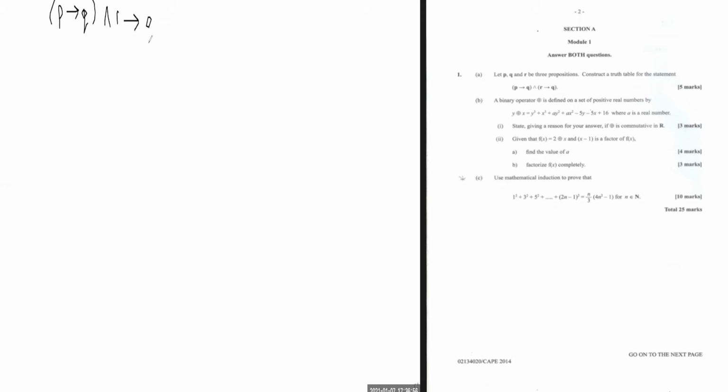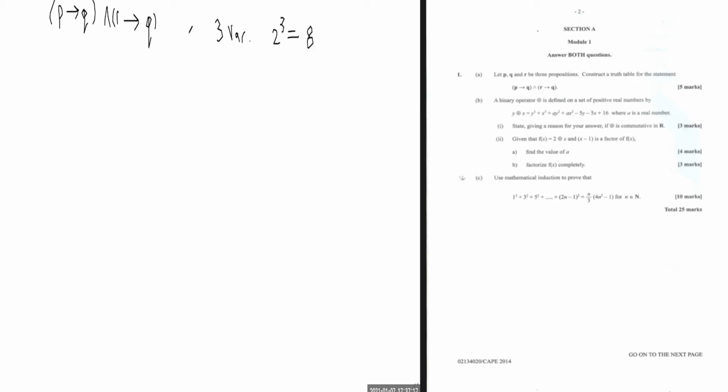So to construct this truth table for P implies Q and R implies Q, first thing we have to note is that there are three variables. Since there are three variables, then the number of possible outcomes is 2 cubed. 2 cubed is 8.